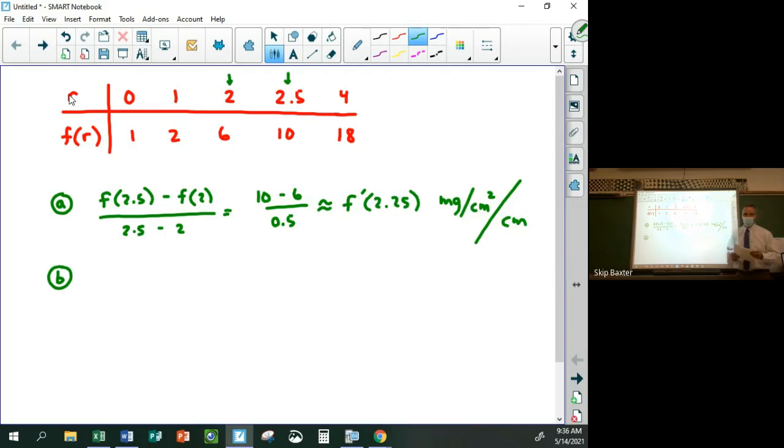And what would be the meaning of this? Like, what does this number actually mean? At 2.25 centimeters, the bacteria population is increasing, whatever that value is. Yeah, it's kind of like the rate of change, but rate implies time.